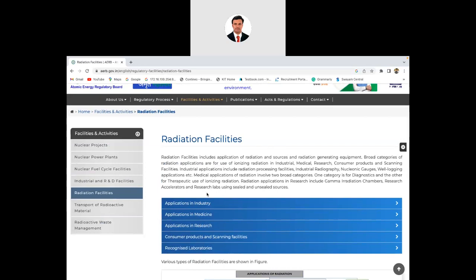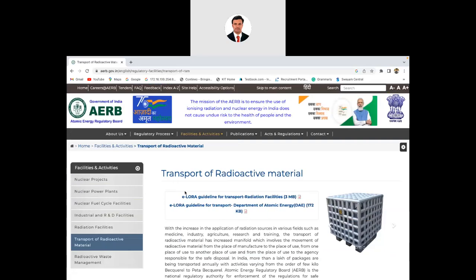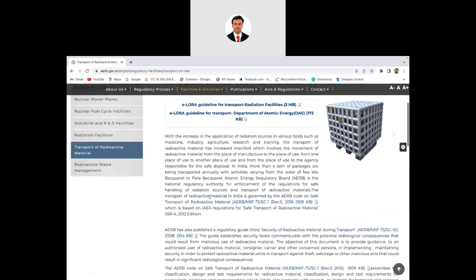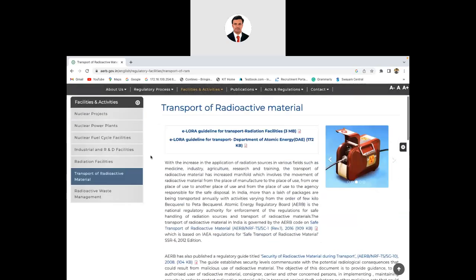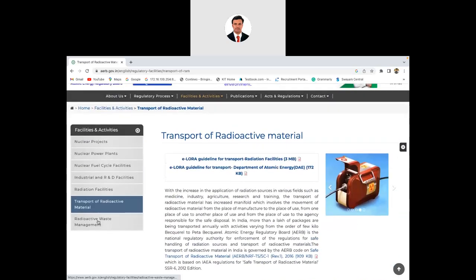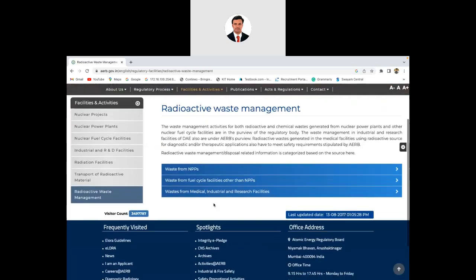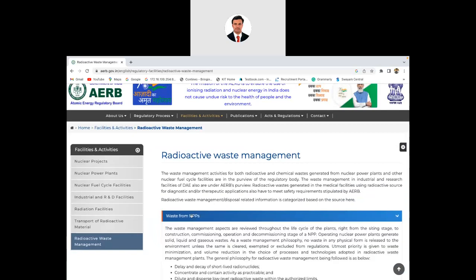You will also see different information regarding radiation facilities, such as those for medicine, research, and transportation of radioactive materials. How to transport those materials is important, because they are very highly radioactive. Packaging and transporting them safely from one point to another is very important.